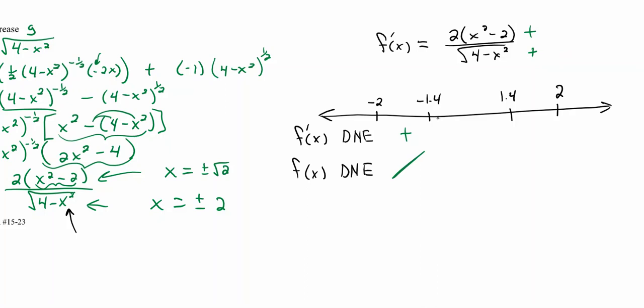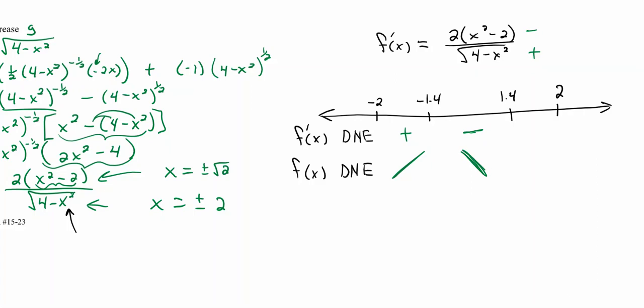And then between negative 1.4 and 1.4, I could throw 0 into that. So we'll throw 0 into that as negative on the top, and 0 into the bottom is going to be positive on the bottom. So this will be negative, so this is going to be decreasing.